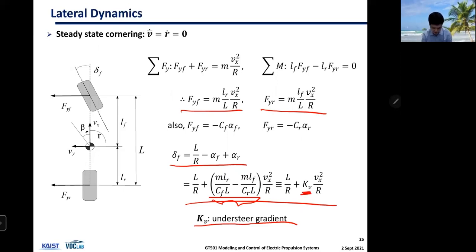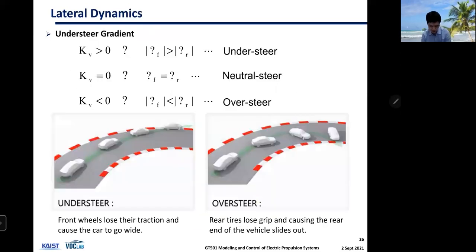What this variable represents in the real world, sorry about the font problems, is that if K is larger than 0, then it's called understeer. If it's 0, then it's called neutral steer. If it's smaller than 0, then it's oversteer.